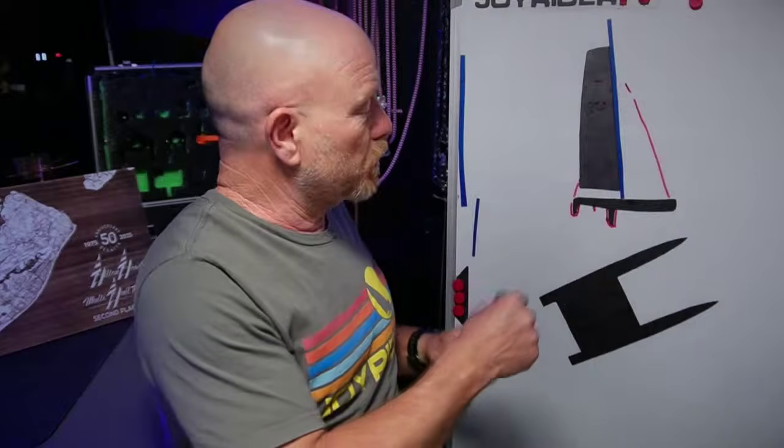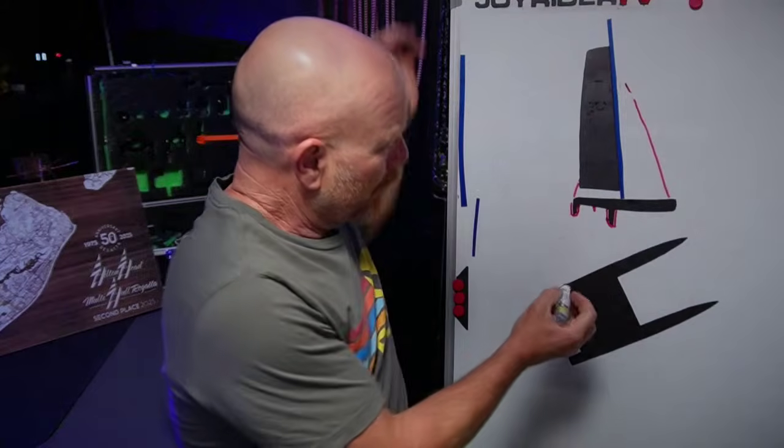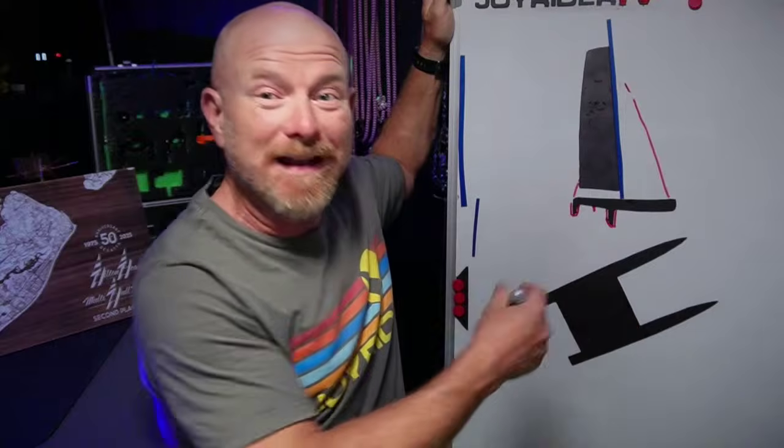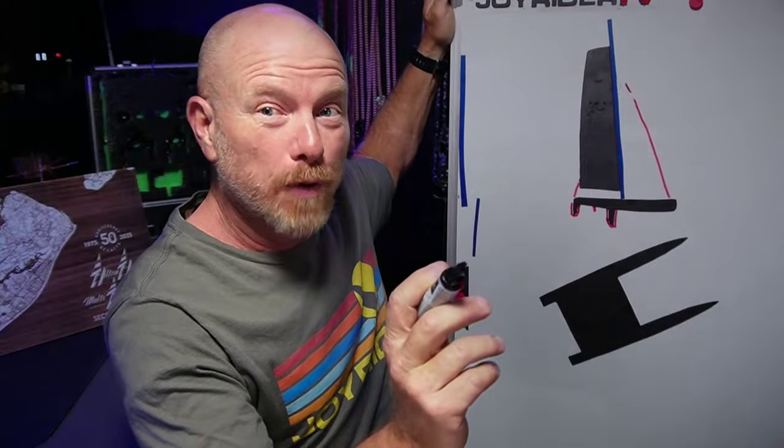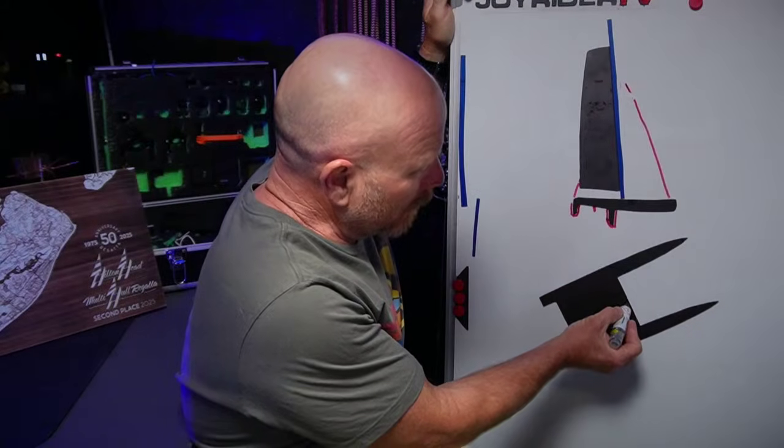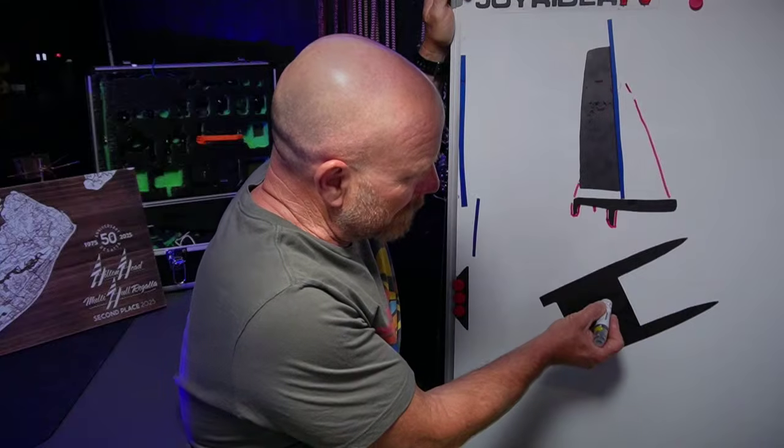So if it takes a 100 kilo or 220 pounds person pulling on the trapeze, we could of course use 2 lighter people pulling on the trapeze. And if you think about where we want to pull on the trapeze, we want to be pulling diagonally back.